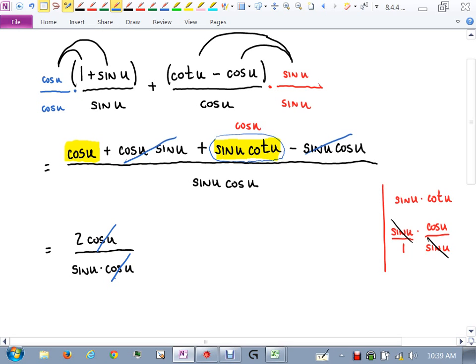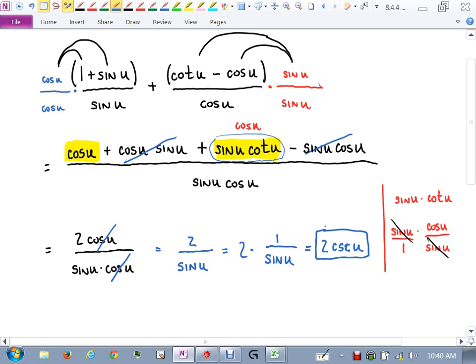And all I'm left with is what? 2 over sine u. That's the same as 2 times 1 over sine u. So all I'm doing here is pulling the 2 out in front because I realize that 1 over sine u is what? What's 1 over sine? Cosecant. So this is 2 cosecant u. It's like a big puzzle, all right? It's like a big puzzle, and you just have to try and put everything together.